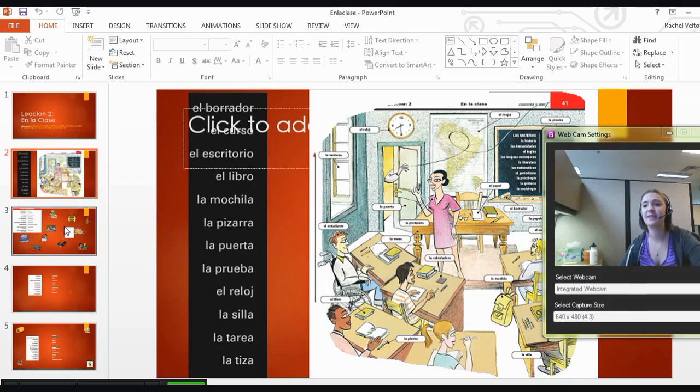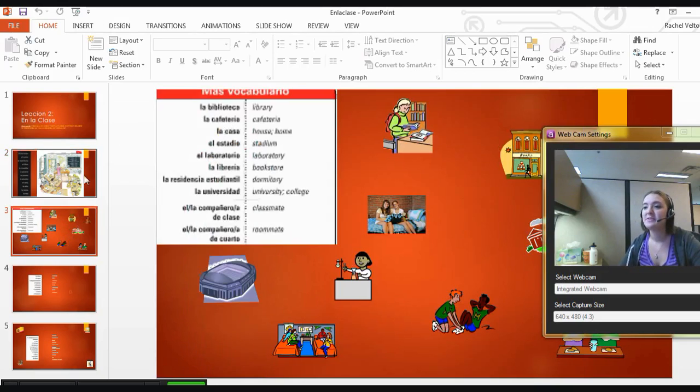Let's take a look at some of the additional vocabulary that you're going to be looking at. So this is in the smaller section. It's got words that are dealing with places. So first you have la biblioteca, the library. Next you have the cafeteria, la cafetería.